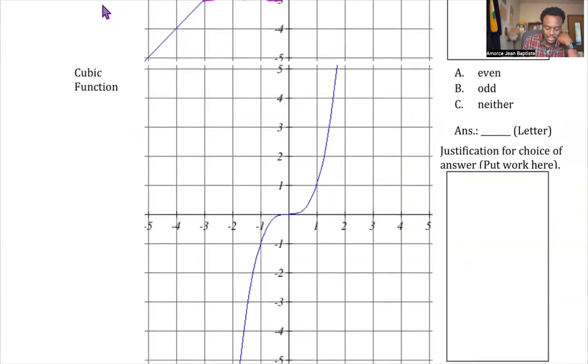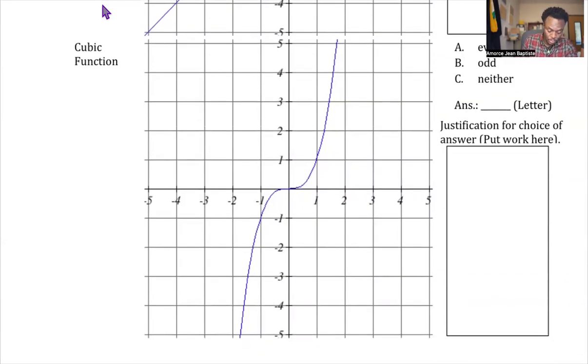But not testing this, what would your intuition be? Well, that will be odd, because you see how the symmetry is with respect to the origin.